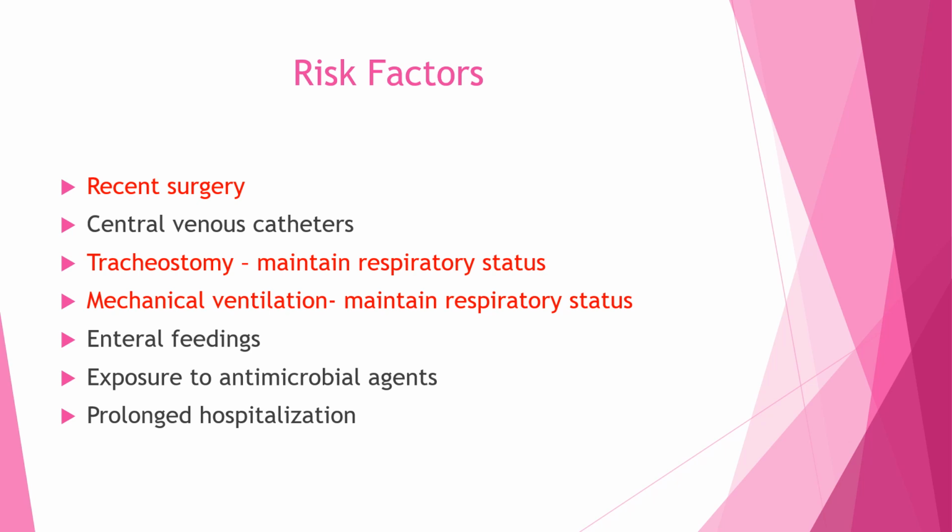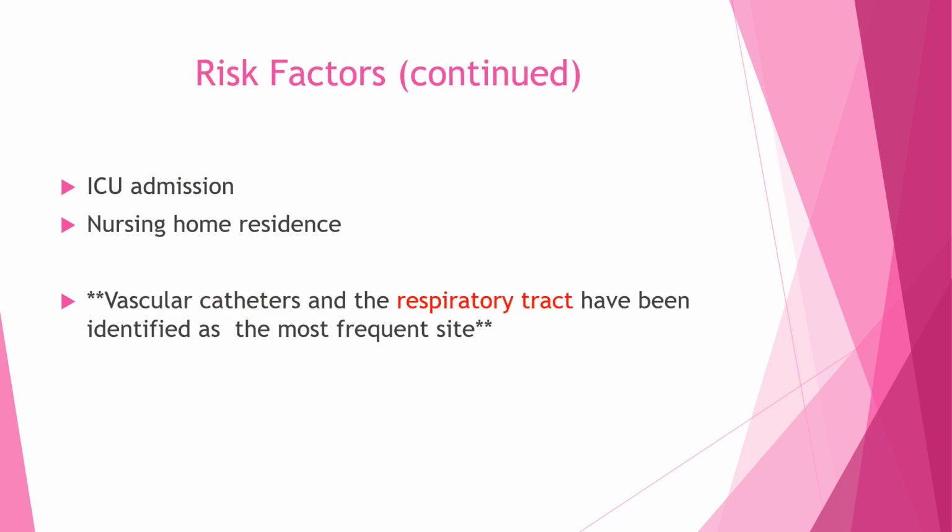Enteral feedings, exposure to antimicrobial agents, and prolonged hospitalization. An ICU admission, and nursing home residence. Vascular catheters and the respiratory tract have been identified as the most frequent sites.